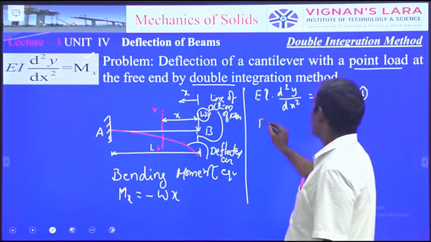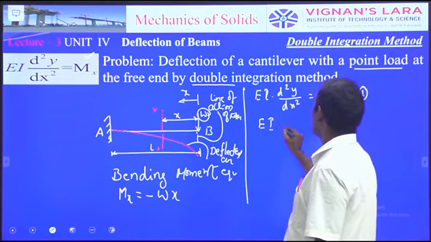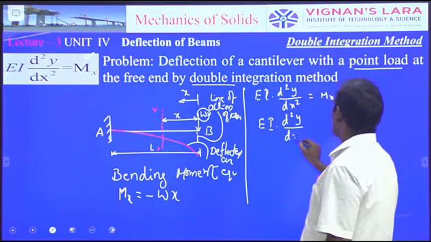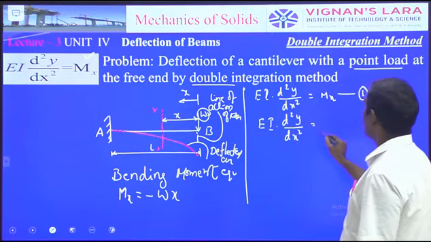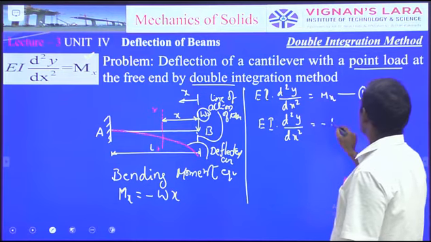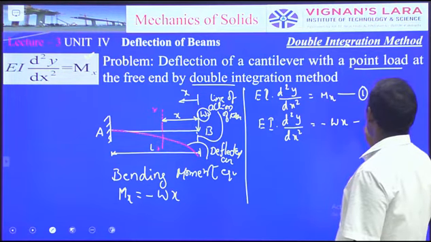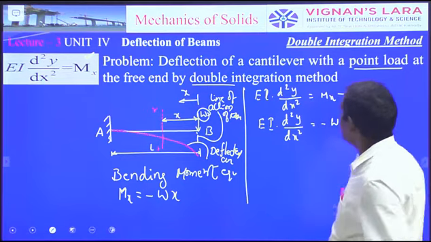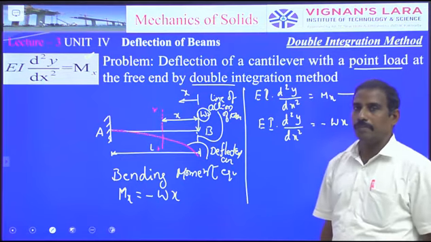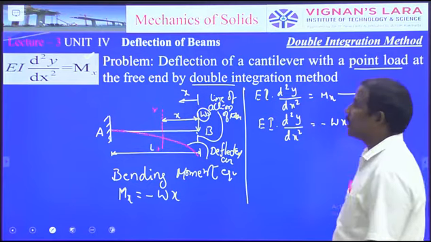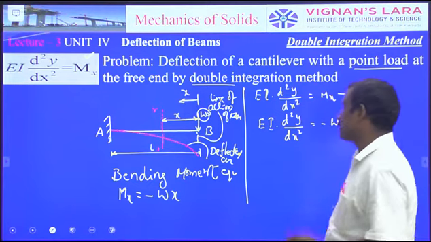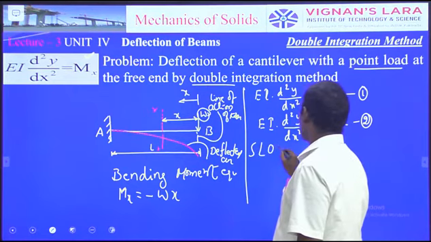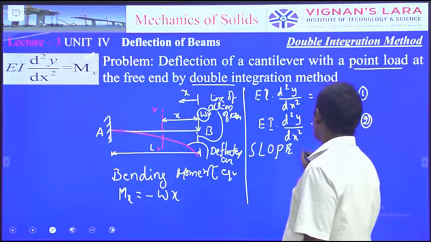Substitute the Mx value in this equation: EI d square y by dx square is equal to minus W into x, say equation number 2. For getting the slope, integrate equation number 2 once. Let us calculate the slope.